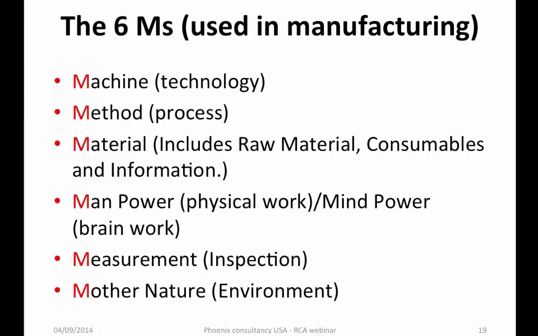They start with machine, that's the technology; method, the processes involved; material, which in pathology could well be the consumables or even information; manpower, the way the people interact with the process; measurement, which may be inspection, or may also include some of the management aspects; and then mother nature, or environment.